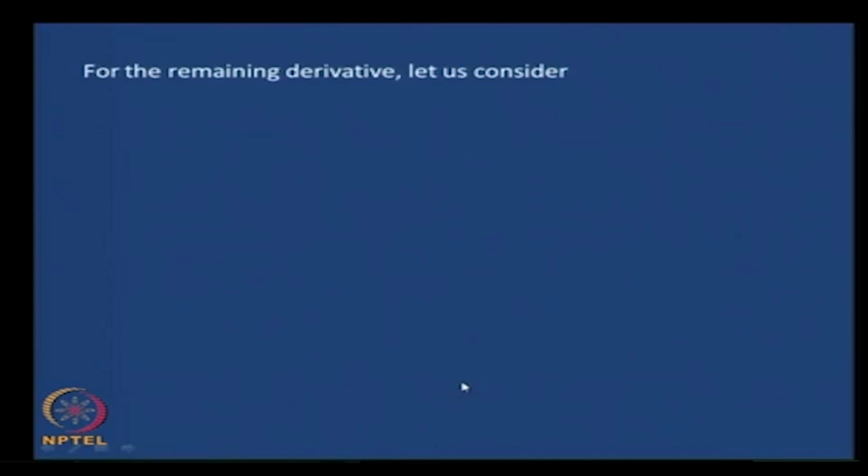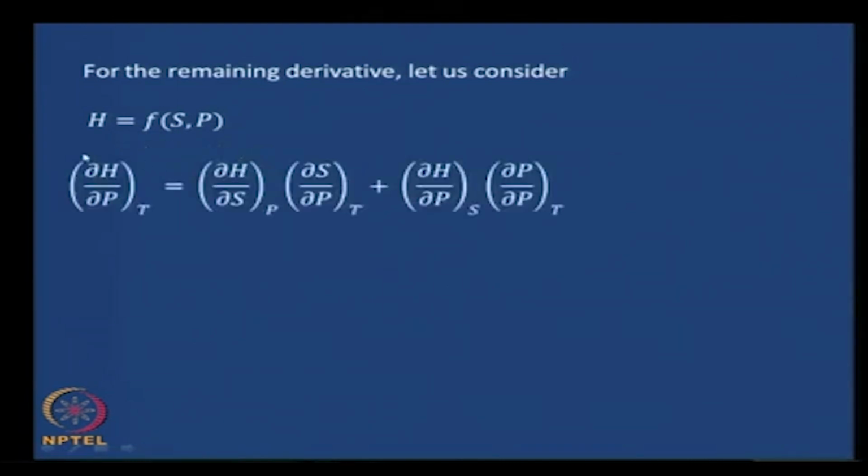For that, let us consider H as a function of S and P. You can consider whatever as function of the relevant variables. In this case, let us consider enthalpy as a function of entropy and pressure. If you do this, dH can be written as ∂H/∂S at constant P dS plus ∂H/∂P at constant S dP.